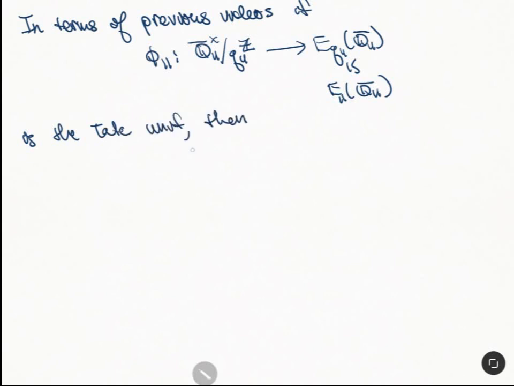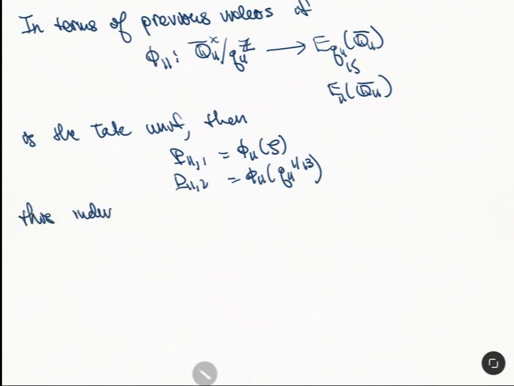So P11(1) is phi 11. I wanted to write this as algebraic points, P11(2). This is phi 11 of q11 to the 1/13th. Okay, this is for the 13 torsion. And so this induces this map here to L torsion.